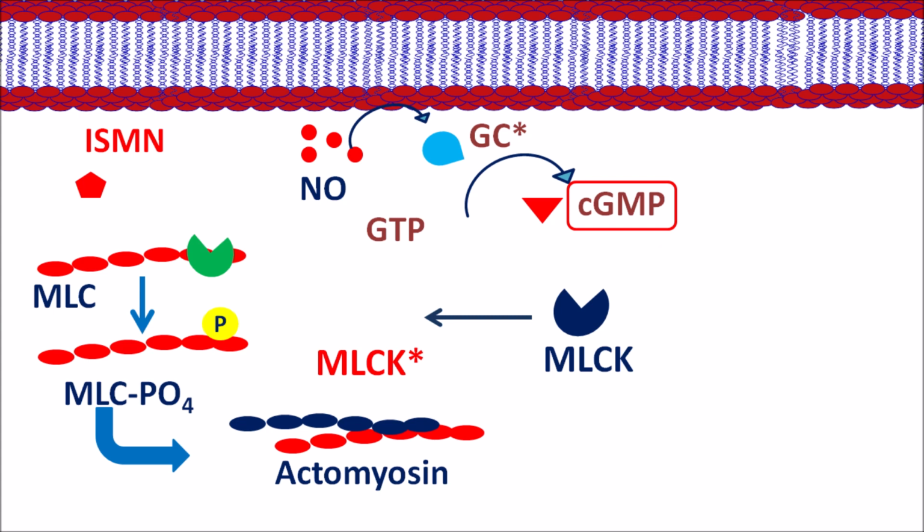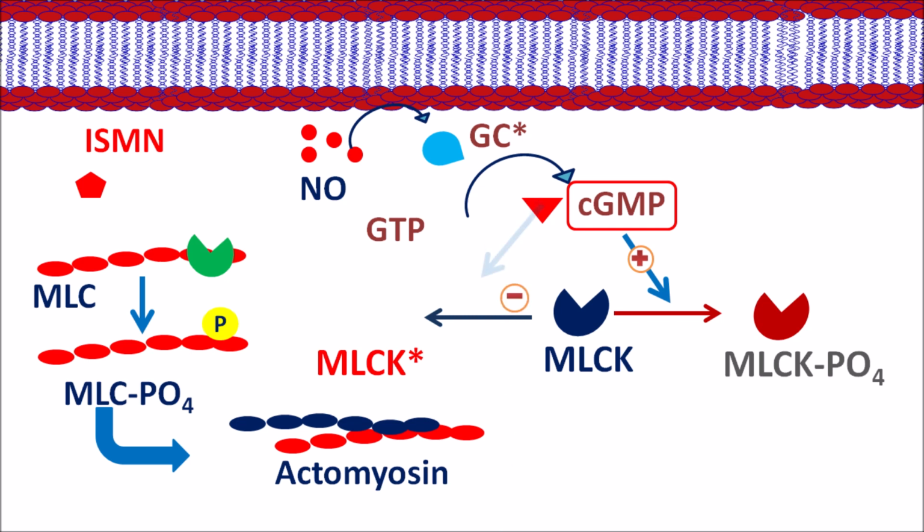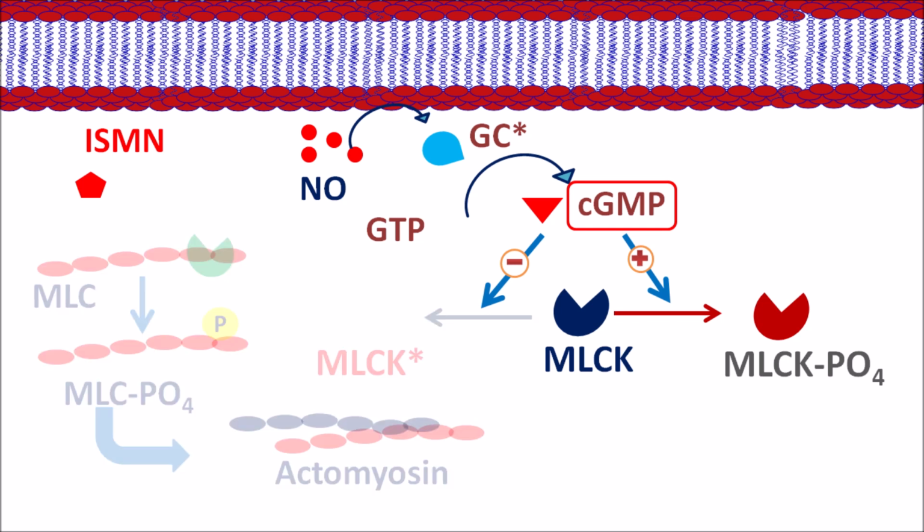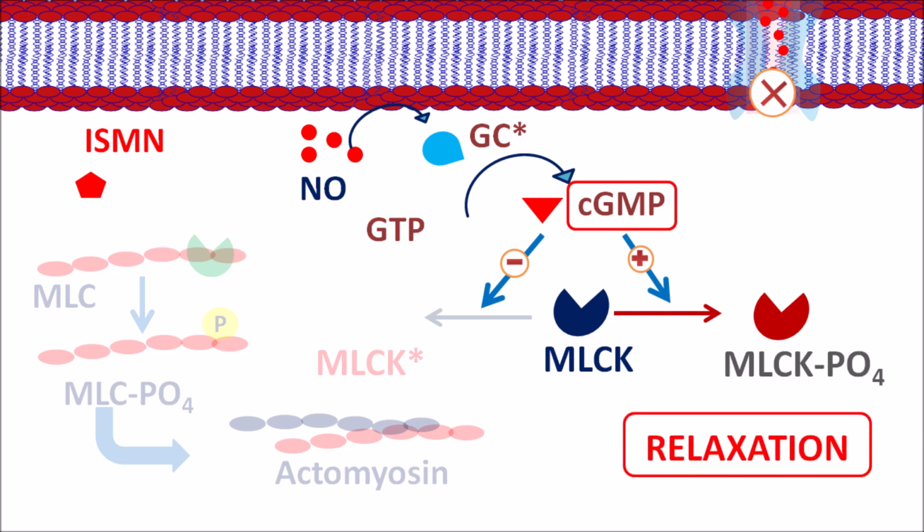It can deactivate the MLCK such that MLCK is converted to MLCK phosphate, which is the inactive form. Similarly, it can also inhibit the activation of MLCK, which inhibits the formation of the actomyosin complex. It can even inhibit the entry of calcium into the vascular smooth muscle, thereby reducing the contraction. By all these actions, isosorbide mononitrate can produce relaxation of the vascular smooth muscle.